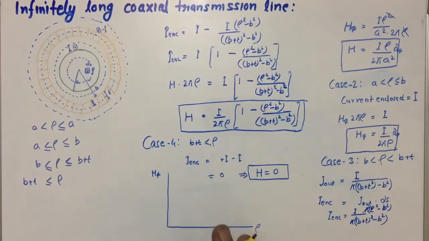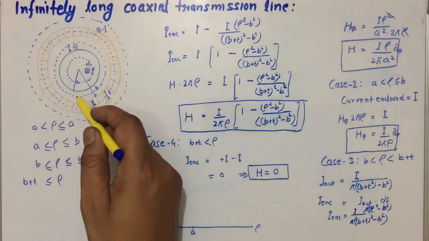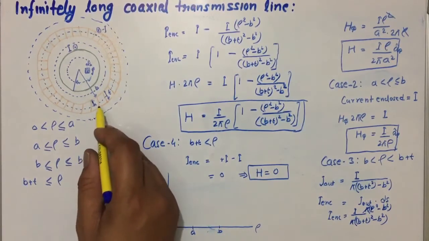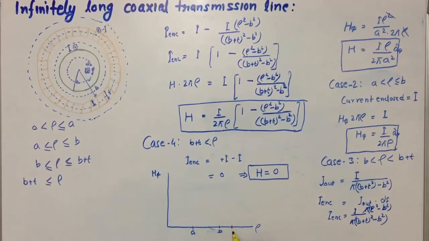So there are 4 cases: from 0 to A, from A to B, from B to B plus T, which you can name C, and after B plus T, this is the other region.